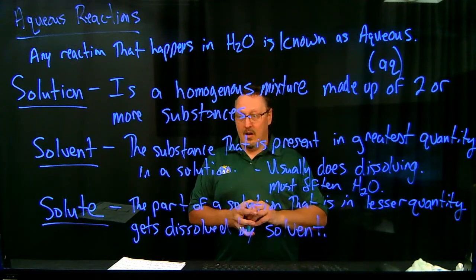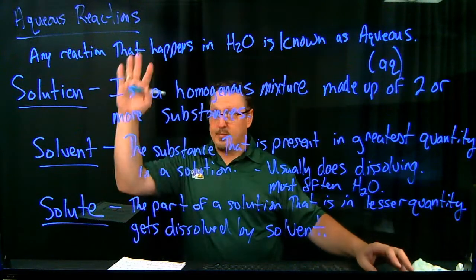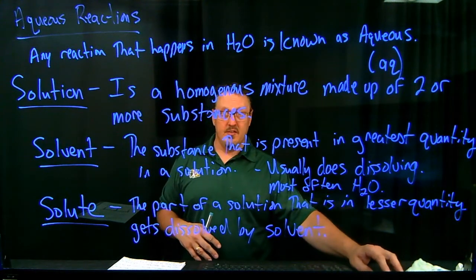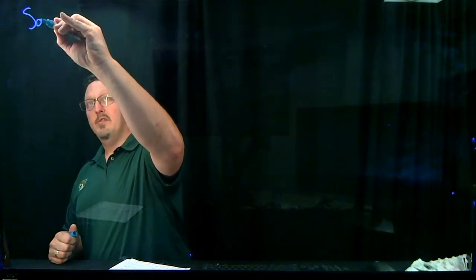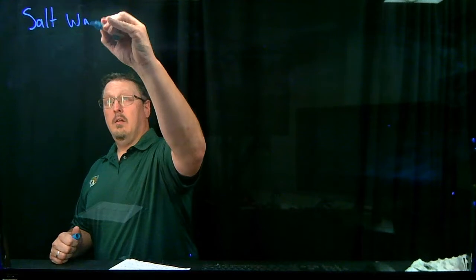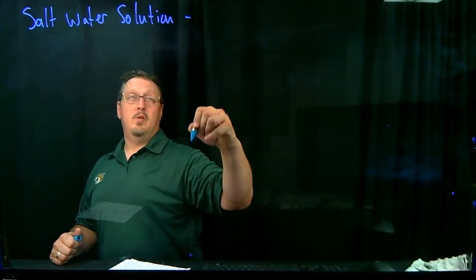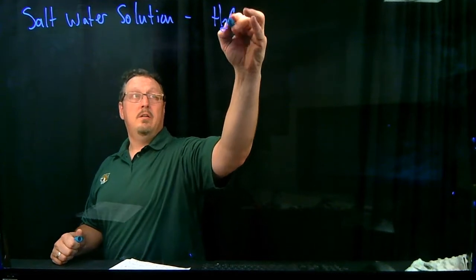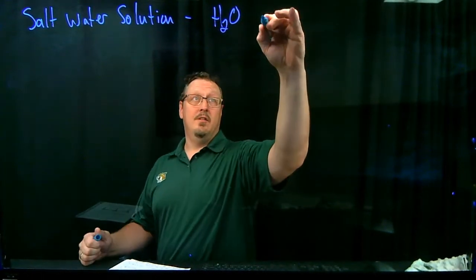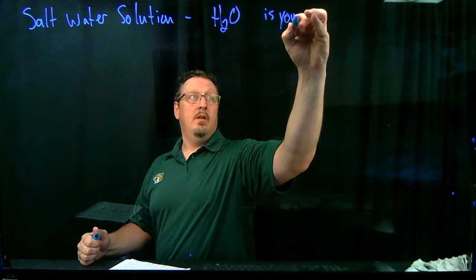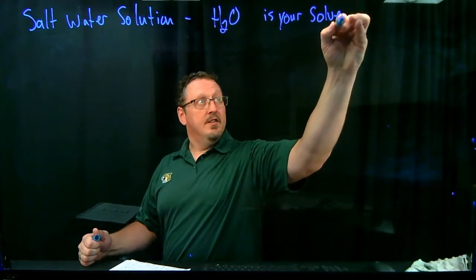All right, that's the first part of this. We're going to jump into something else in just a little bit. Now, a good example of a solution is salt water. If we have a saltwater solution, water, H2O, is your solvent, and that's the one that does the dissolving.